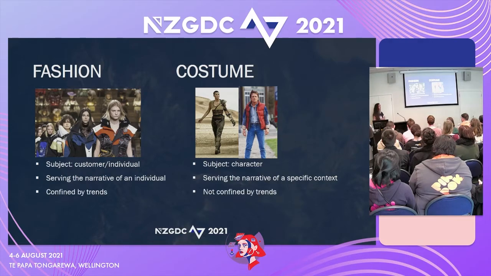Fashion is confined by trends, whereas costume has more spectrum and is not confined by trends. And lastly, fashion is always viewed in the contemporary context of the present reality, whereas costume is viewed in fictional contexts. So costume design is character and context specific and concentrates on the narrative features of clothing.